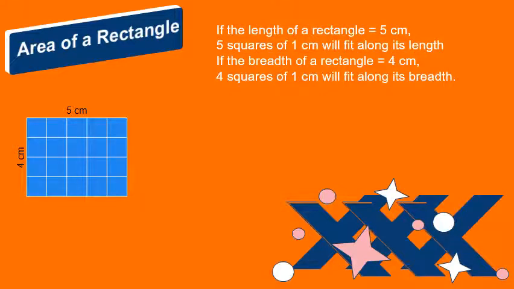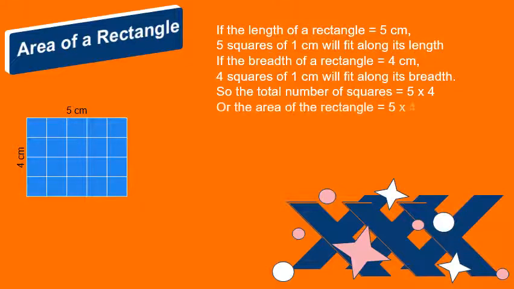So children, the total number of squares is equal to 5 multiplied by 4, or we can say the area of the rectangle is equal to 5 multiplied by 4 square centimeters.